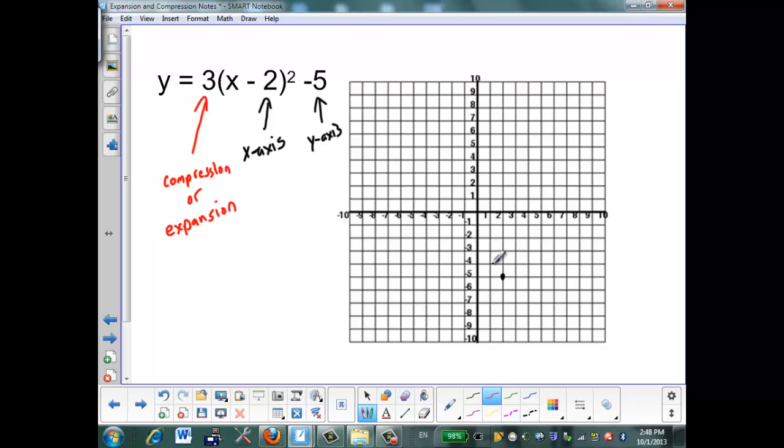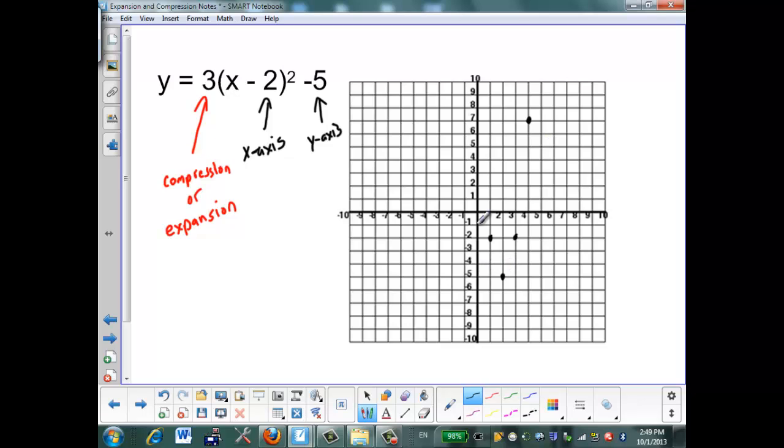So when I graph this, I start at my vertex, which I've decided is positive 2, negative 5. My normal pattern of squares is over 1 up 1, but because of that expansion, I'm going to go over 1 and up 3. Same thing on my negative side, over 1 up 3. My next value would normally be over 2 up 4, but because of that factor of 3, I'm going to go over 2 and up 12.